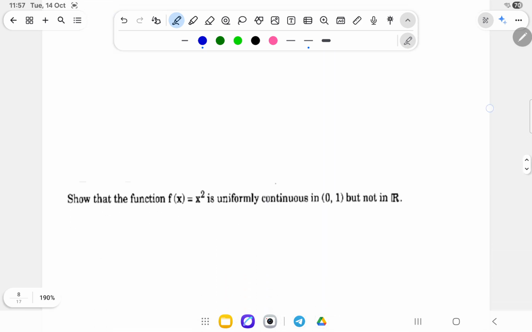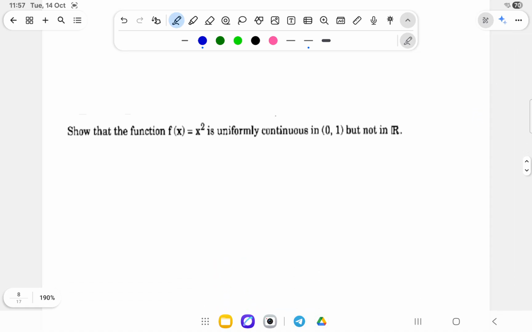So the next question says that show that the function f(x), which is equal to x square, is uniformly continuous in this interval but not on R. Okay, so for this, let epsilon greater than 0 be given.